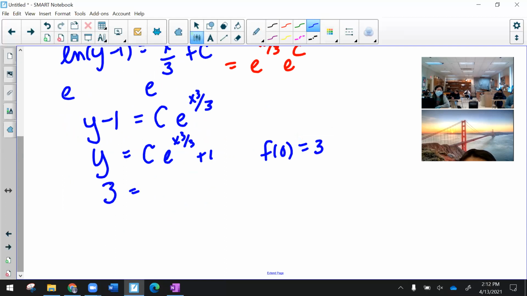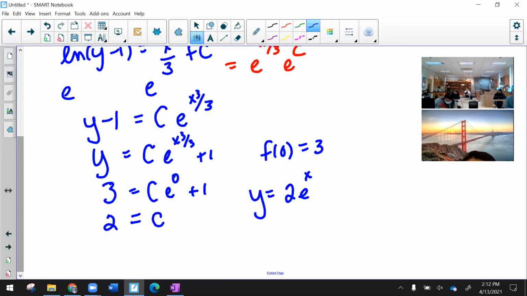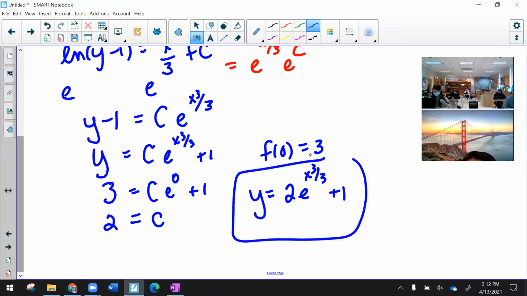So that means y is equal to 3 when x is equal to 0. And e to the 0 is 1. Okay. So that tells me that c is equal to 2. And so my final answer is y equals 2 e to the x cubed over 3 plus 1.